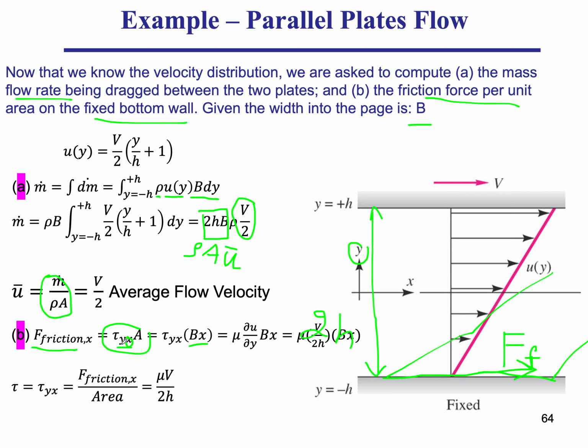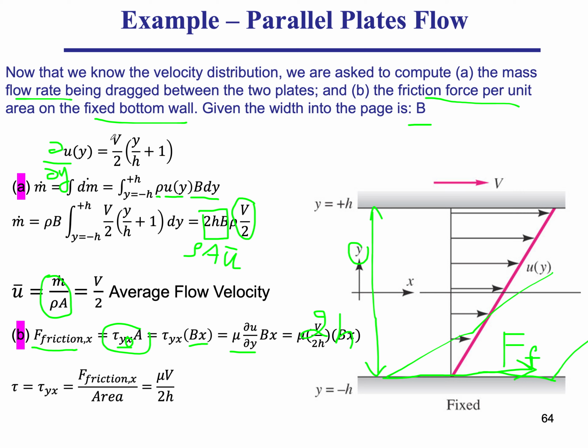And tau, a few slides ago, we looked at the 6 terms of tau, and we are only interested in one of them now, because tau yx, you go back, you'll find it's partial u by partial y. And you go here, you do partial u by partial y, you derive u of y, right?